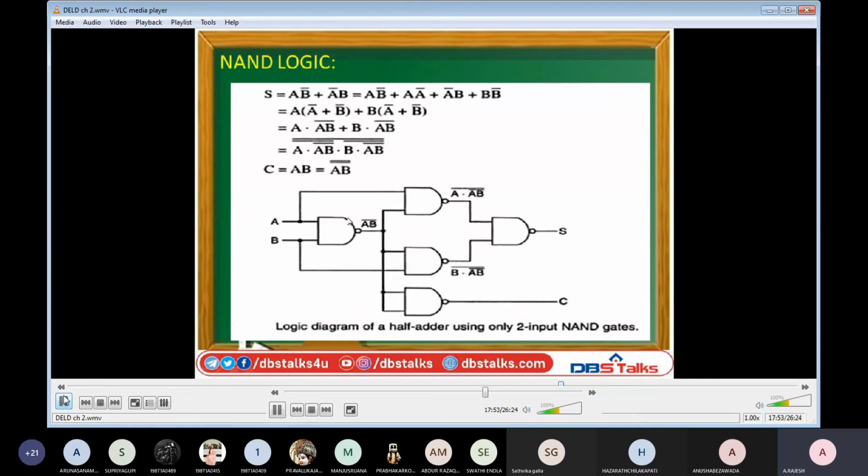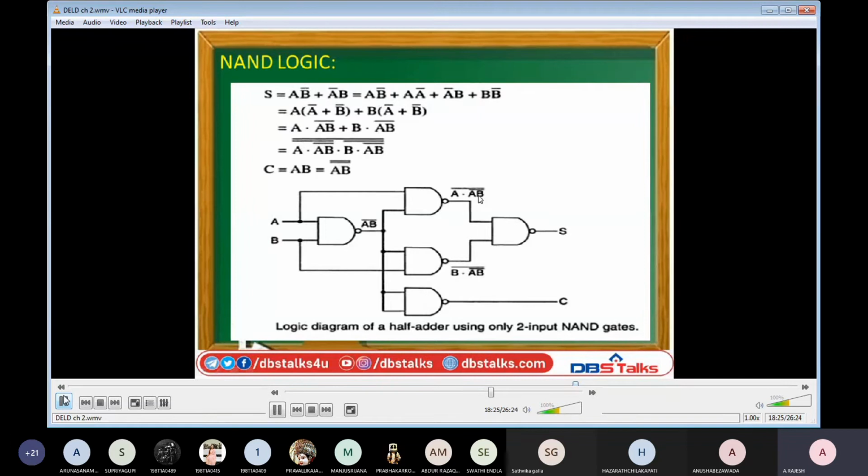First of all, the NAND gate is given two inputs, that is A and B, and the output will be AB complement. This AB complement is given as input to another NAND gate along with the input A. That will be A into AB complement, whole complement.